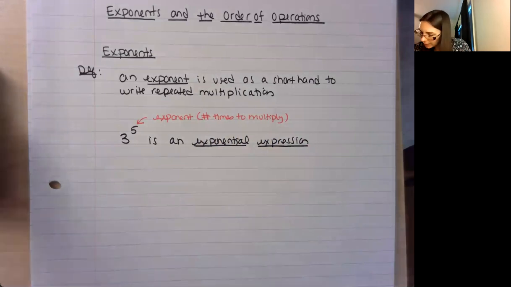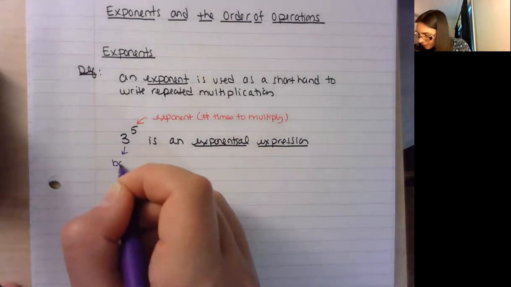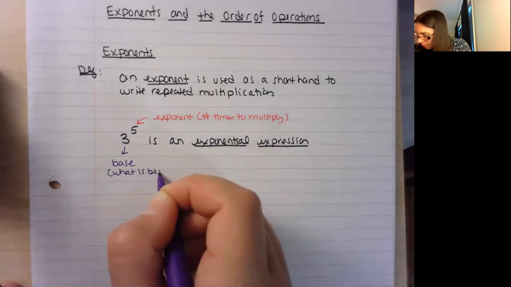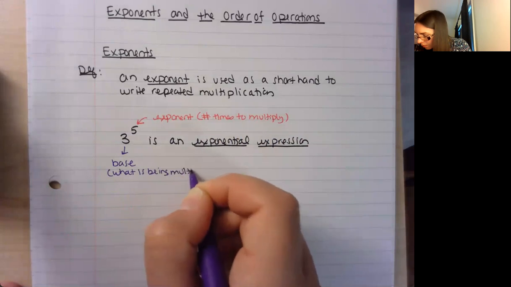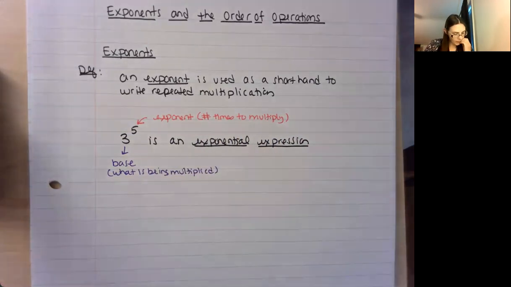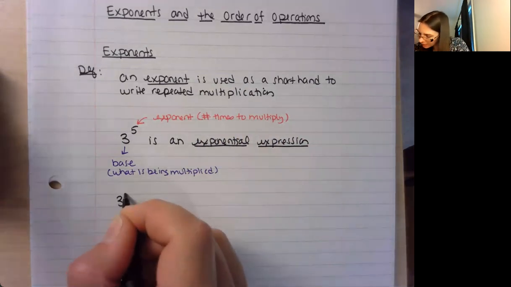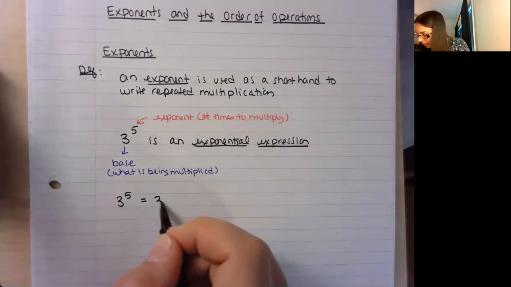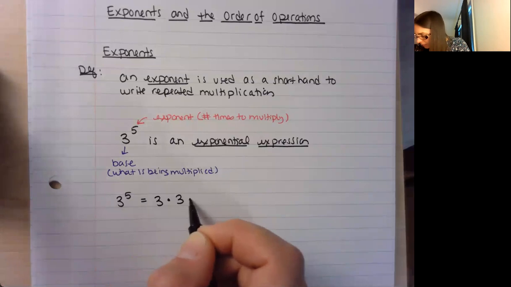And then your 3 here is called your base. And it is what is being multiplied. So 3 to the 5th is the same thing as taking the number 3 and multiplying it out 5 times.